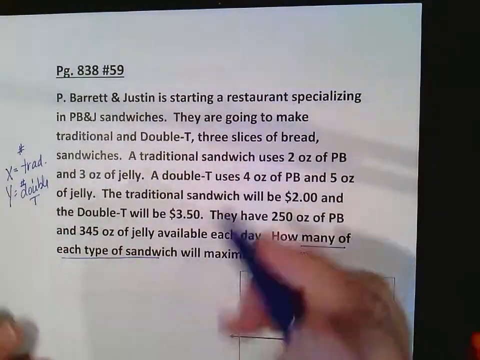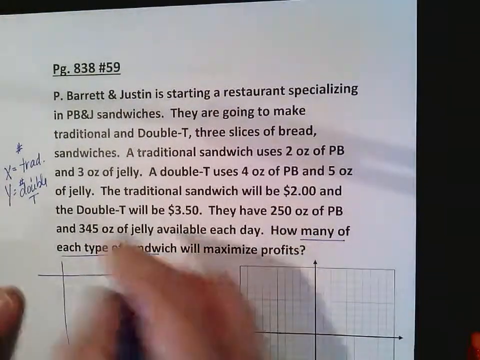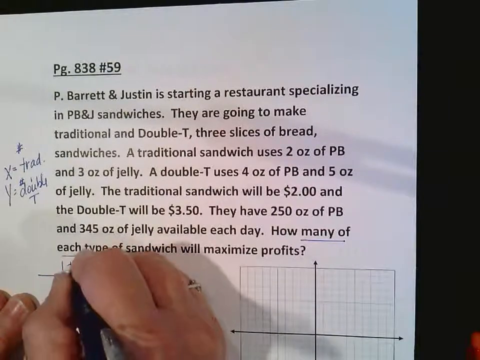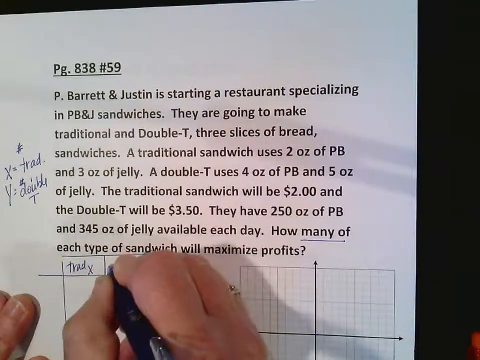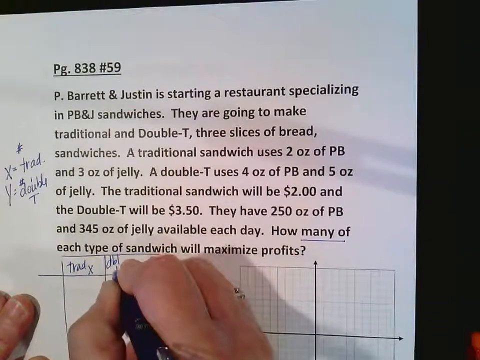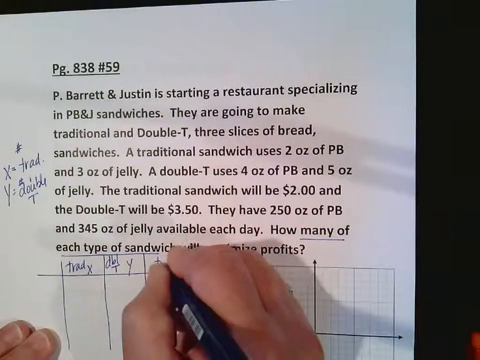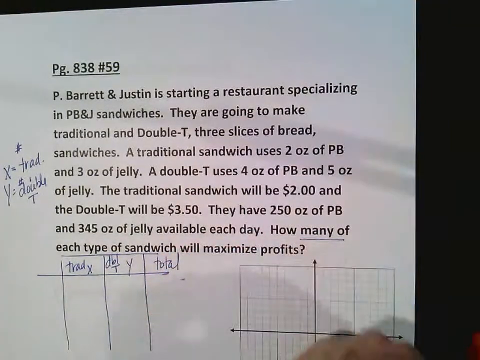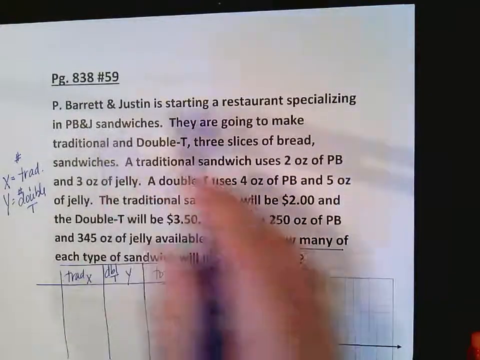And so I'm going to end up having my little chart, right? The traditional sandwiches, I have X of those. My double T's, I have Y of those. And then I have a total. They're all peanut butter and jelly sandwiches.